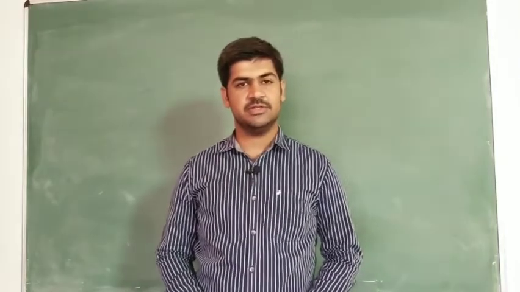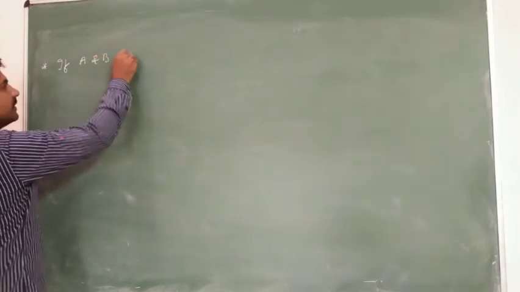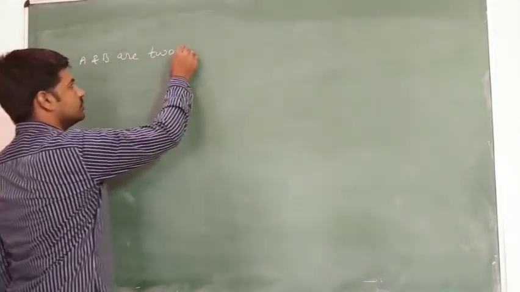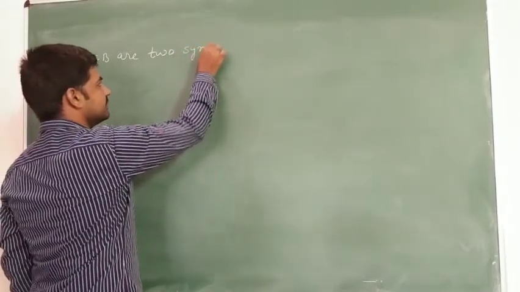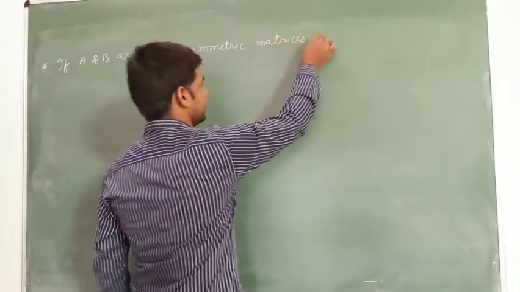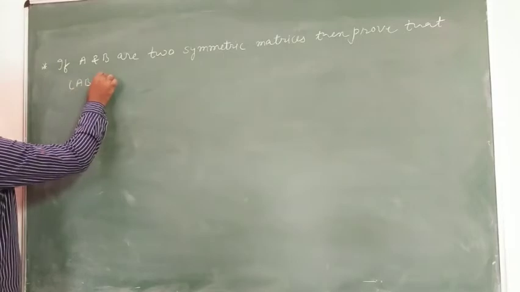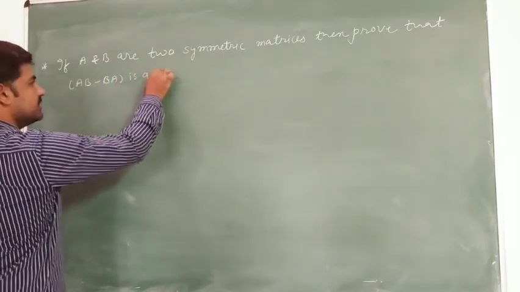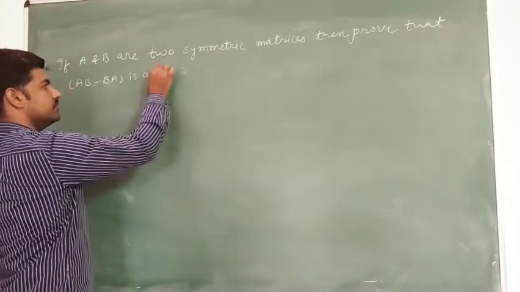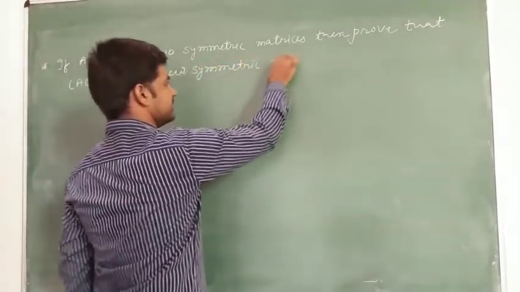Let us take some more examples, students, and the example that I am taking is: if A and B are two symmetric matrices, then prove that AB minus BA is a skew symmetric matrix.